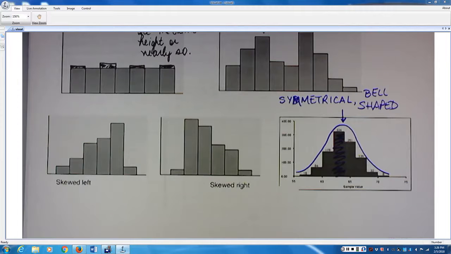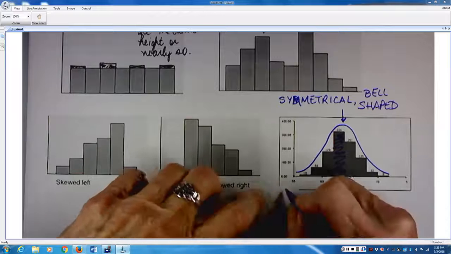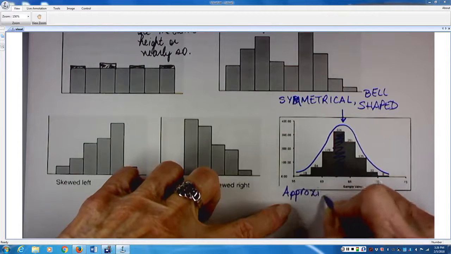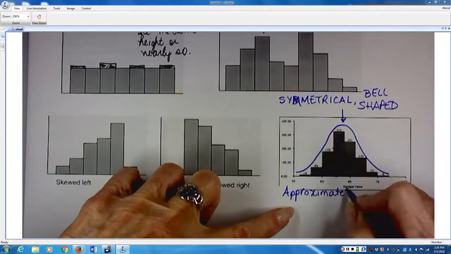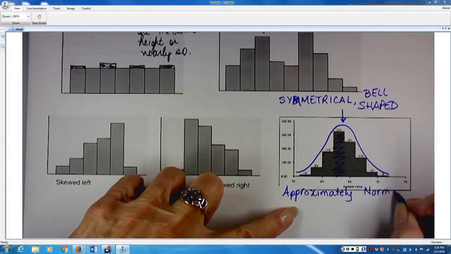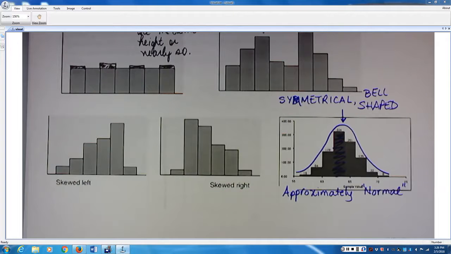And later on in chapter 6, we will refer to this as approximately normal. And the word normal means symmetrical and bell-shaped. Okay? Its highest peak is in the middle, and on both sides of that highest peak, it slopes down to very, very small numbers of data values. So the largest count is in the middle.